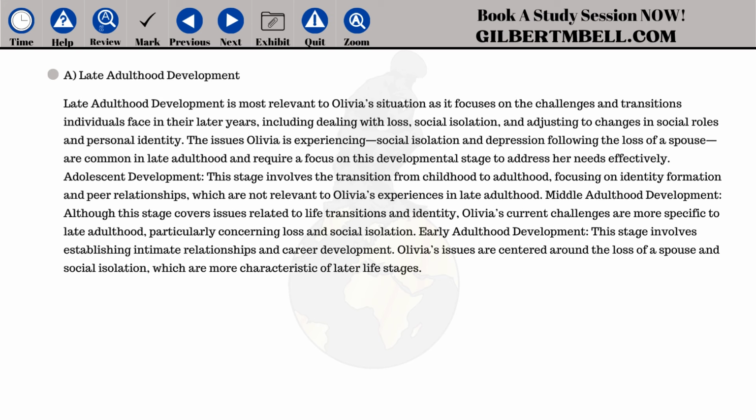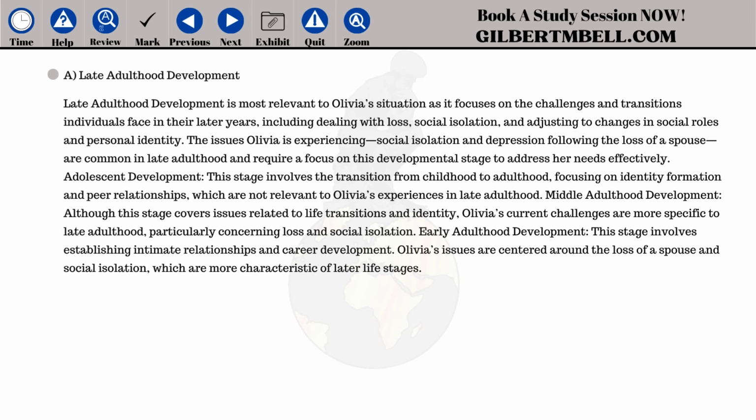The issues Olivia is experiencing, social isolation and depression following the loss of a spouse, are common in late adulthood and require a focus on this developmental stage to address her needs effectively. Adolescent development. This stage involves the transition from childhood to adulthood, focusing on identity formation and peer relationships, which are not relevant to Olivia's experiences in late adulthood.